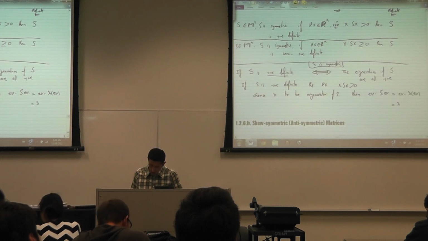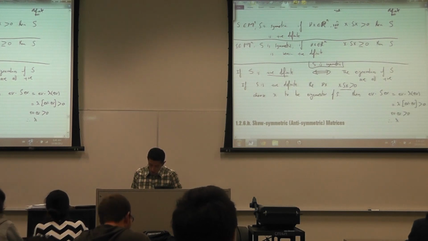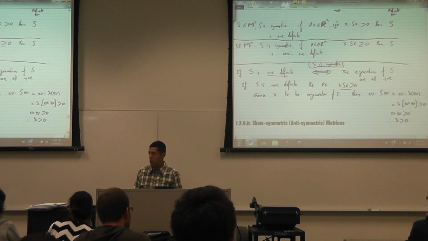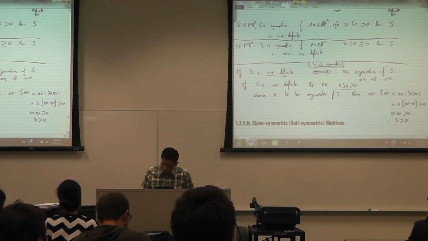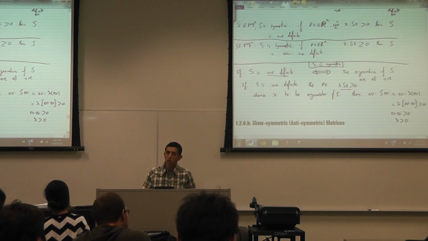Lambda is a number, I will take it out. I know that this is greater than 0, but the dot product of the two vectors is greater than 0, therefore the eigenvalue has to be greater than 0. And the opposite direction is what I asked for in the midterm last year.